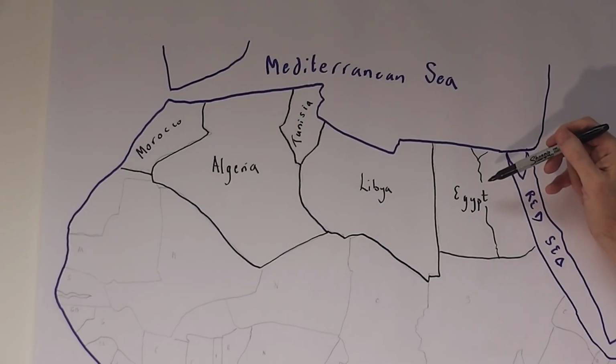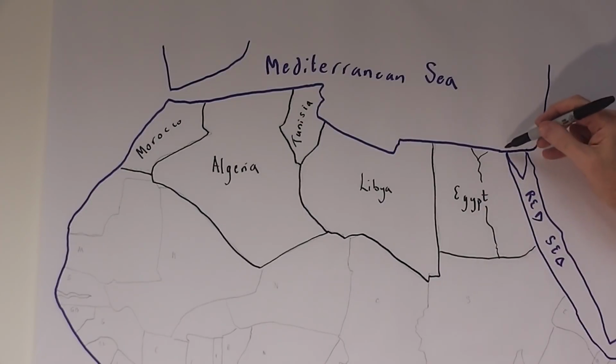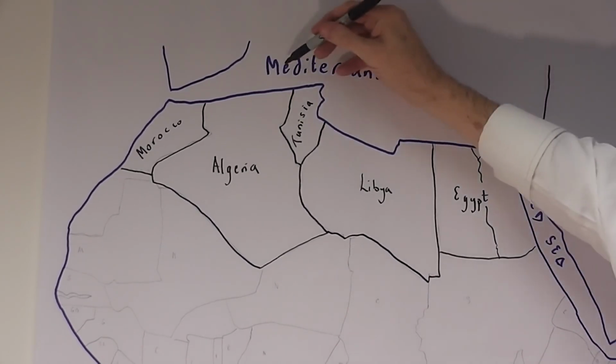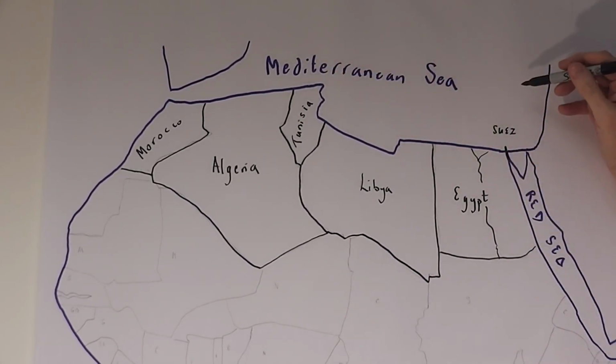The Nile, which might be the longest river in the world. It's a choice between either the Nile or the Amazon. And here on the corner of Egypt is the Red Sea, and between the Red Sea and the Mediterranean goes the Suez Canal, so that ships can come all the way from the east up the Red Sea, through the Suez Canal and through the Mediterranean to get to Europe.